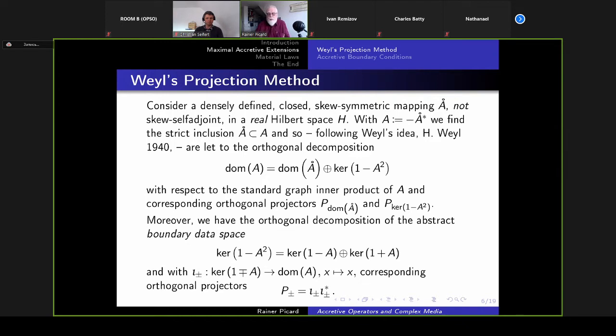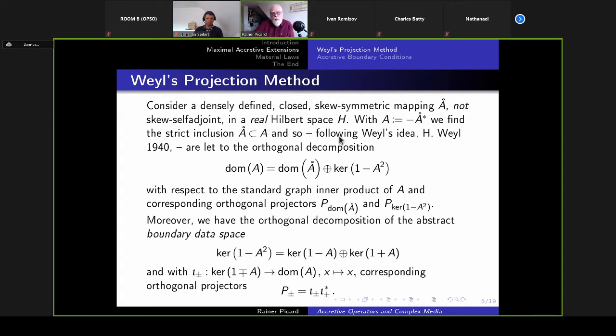And in order to have something to extend, I'll just assume this A circ is not skew self-adjoint, because then there's no room left to extend. Now we take operator A as the negative adjoint of this small operator, and then we find a strict inclusion of A circ in A. So keep in mind that A circ has all the boundary conditions and A is the same as A circ, but it has no boundary conditions involved.